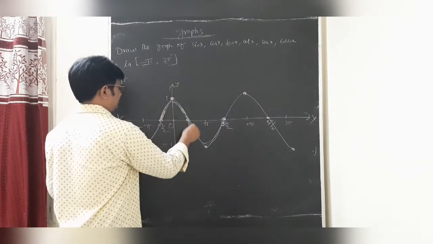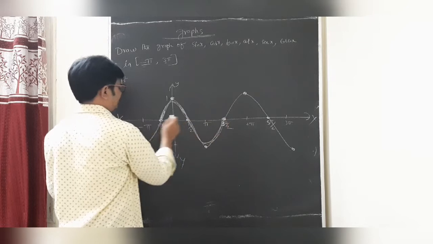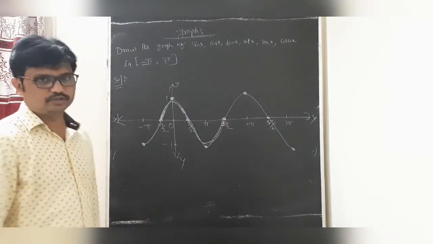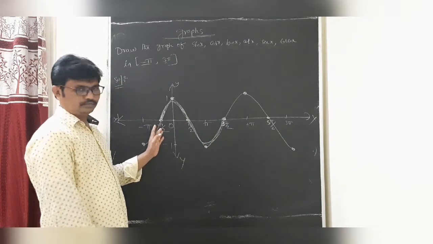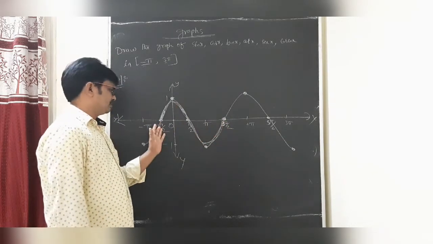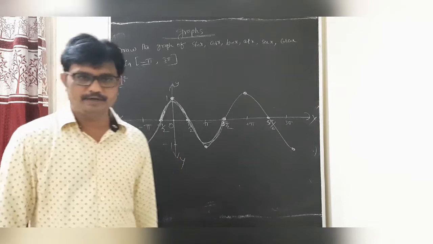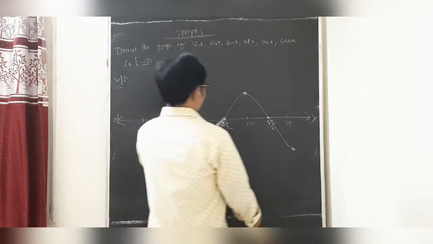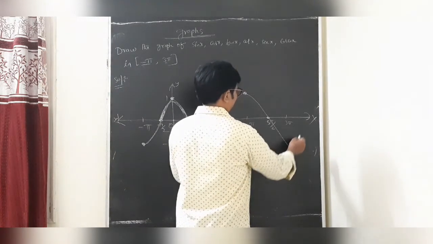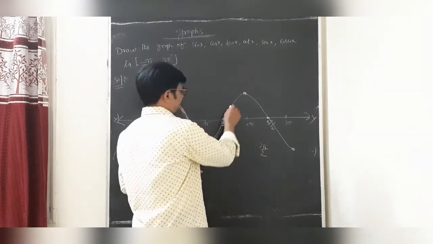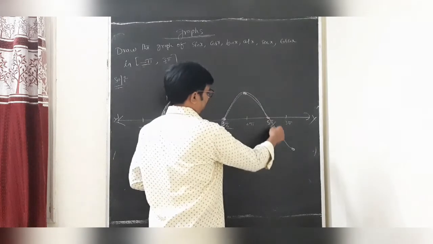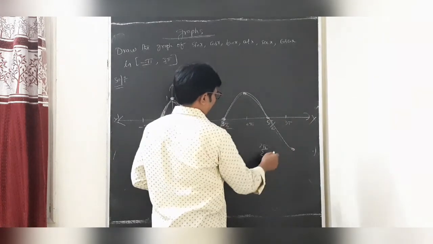When we take up and down, 3 pi by 2 minus of minus pi by 2 is 3 pi by 2 plus pi by 2, that is 4 pi by 2, which is 2 pi. Like this, suppose if you are taking here, this is 7 pi by 2. This is the up, this is the down.